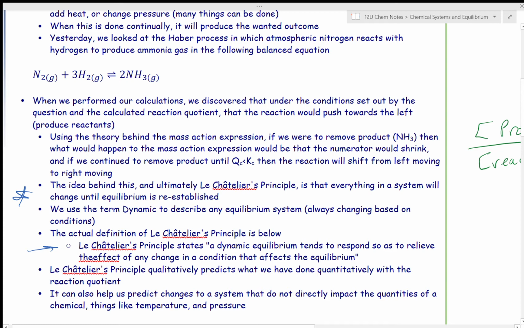Or perhaps we can do it in another way. Perhaps we can add N2 and H2. If we add N2 and H2, then I'm going to increase the size of my denominator, which will also shrink my Q value. And if I'm decreasing my Q value, it's going to get to a point where the reaction will flip and I'm going to be producing more NH3. So you can see how we can manipulate these equations to get the results that we want.